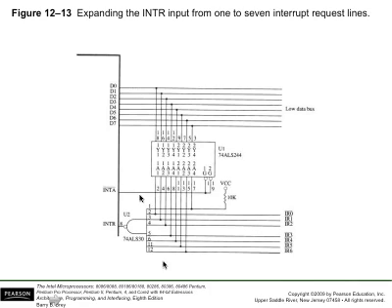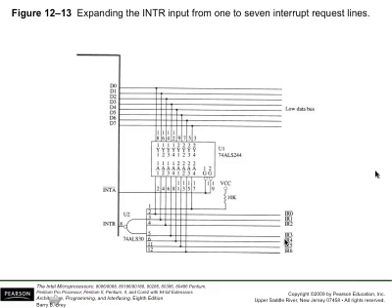So the change is mostly here, and this is a NAND gate, and the inputs to this 8 input NAND gate are all these interrupt requests that may be coming from 8 different devices, and all of them are active low.